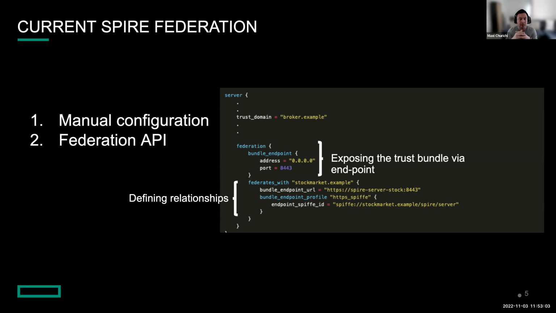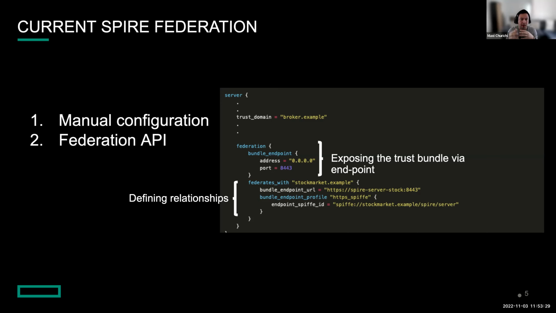Then the other part of the configuration is defining what other trust domain this trust domain wants to federate with. So we said this broker.example trust domain wants to federate with stockmarket.example. So we set the bundle endpoint of the other SPIRE server, and some extra bundle SPIFFE configuration.